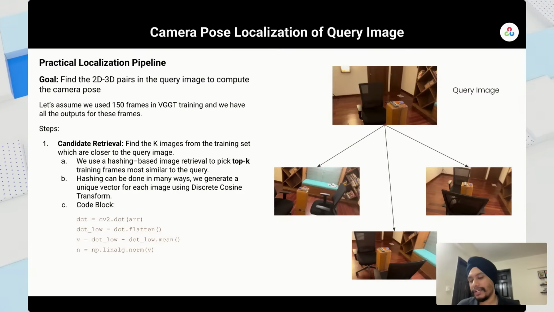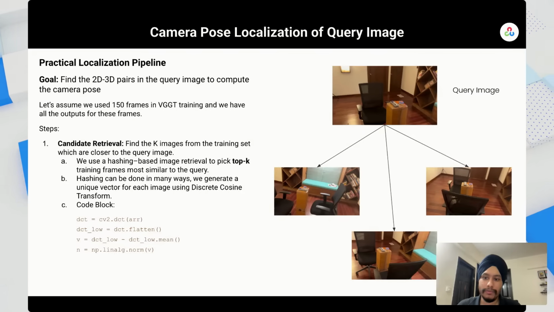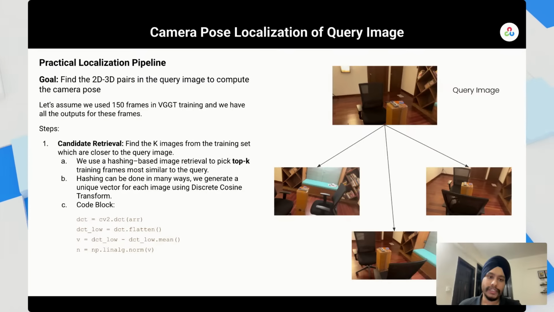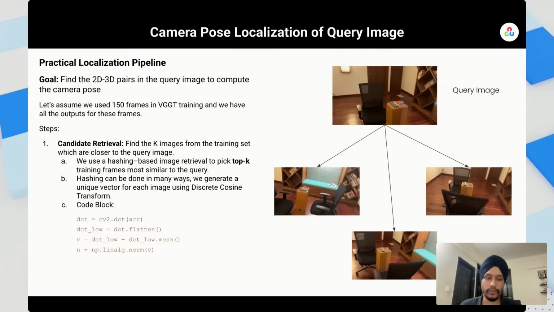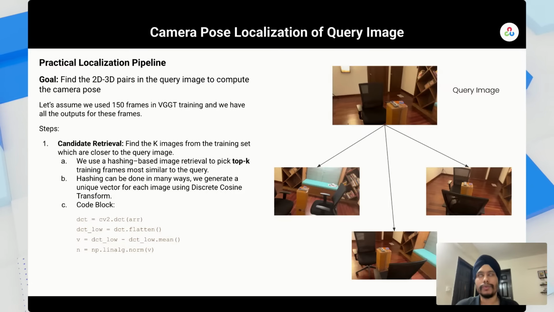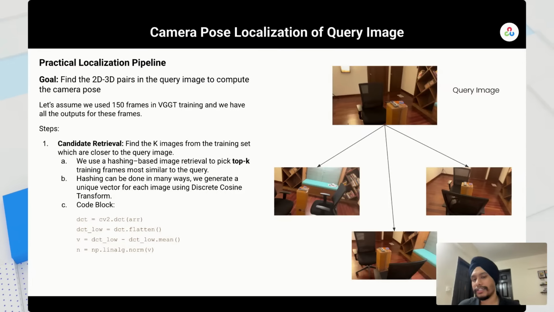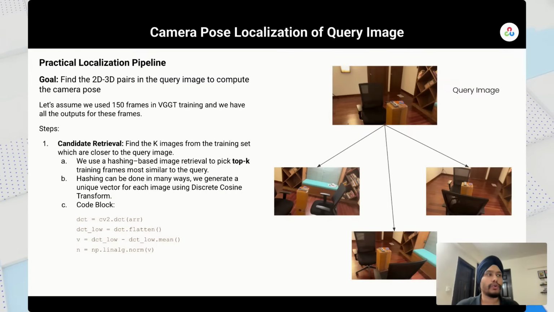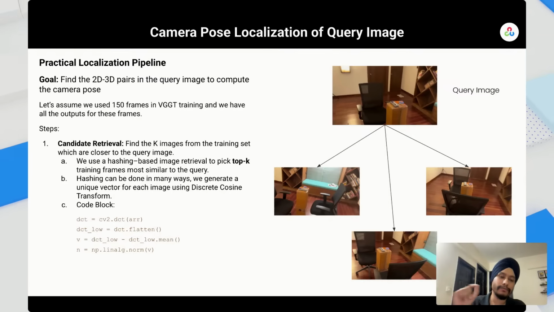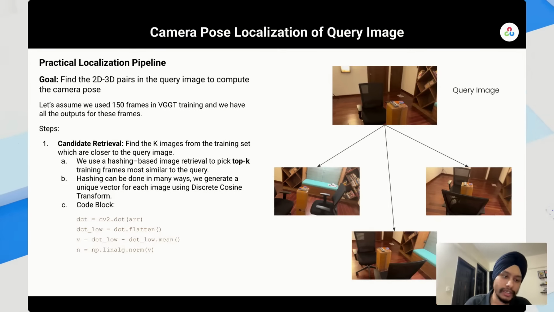So the first step is that, given a query image, I want to find the top K images that are similar to this query image, right? Why we want to do this is because in this case it's just 150 images, but this could also be 1,000 images. And when you give a query image, I don't want to find the same key points across 1,000 frames to get the correspondences, right?